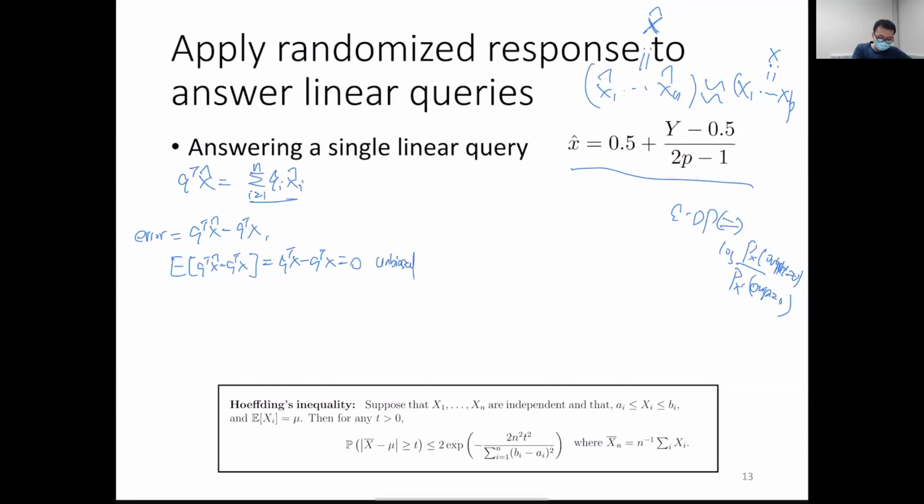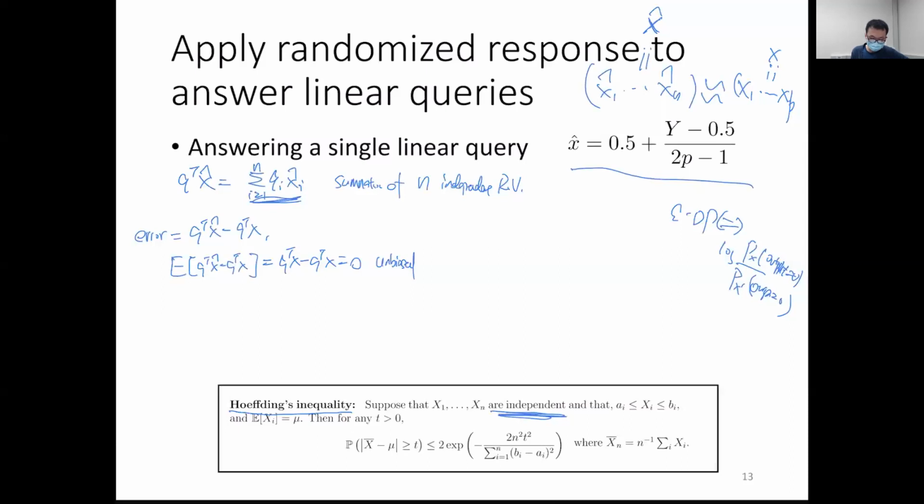It's helpful to take a look at this expression. Notice that this is a summation of n independent random variables. So we'll introduce a hammer called Hoeffding's inequality, which says that suppose you have X1 to Xn that are independent, and suppose that these independent variables are bounded with probability 1 between ai and bi.